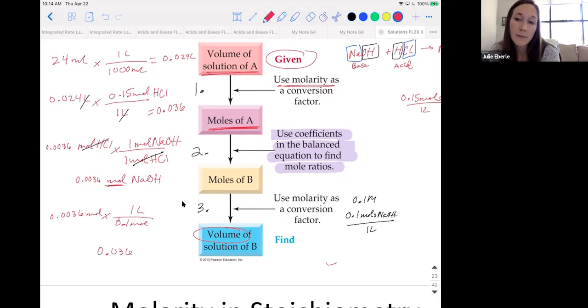And on Mastering Chemistry, the only options it gives you are milliliters. Right now, we have units of liters. So moles cancel. So we'll just convert this back to milliliters. So for every 1 liter, it's 1,000 milliliters, and you should get 36 milliliters.